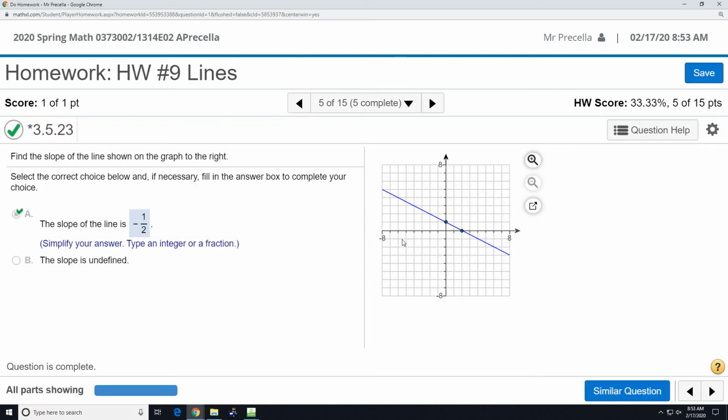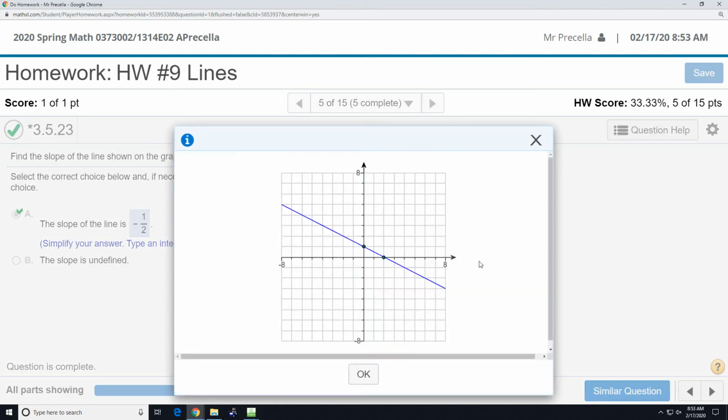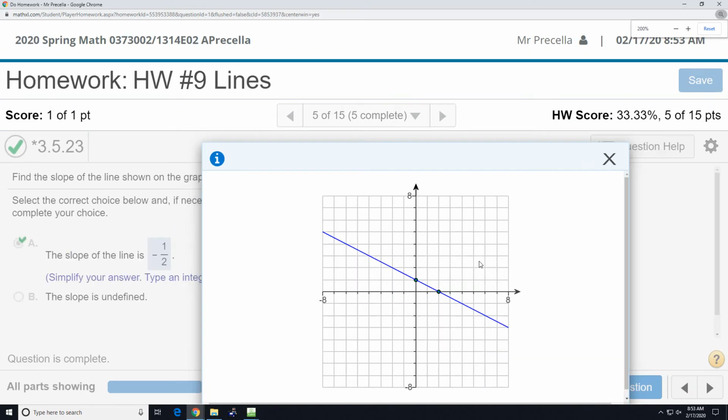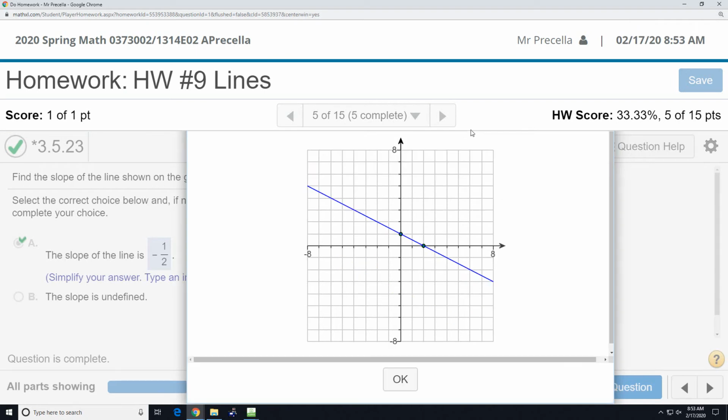Now, you just sort of look. I normally start at the lower point and move up, but it doesn't matter. Looking at this graph right here. Okay, looking at it like that.